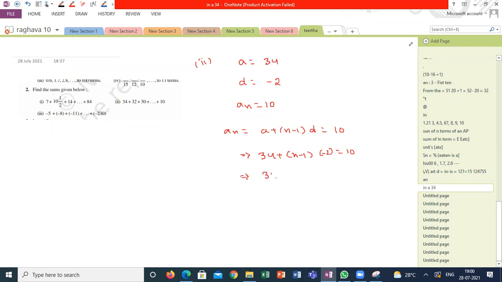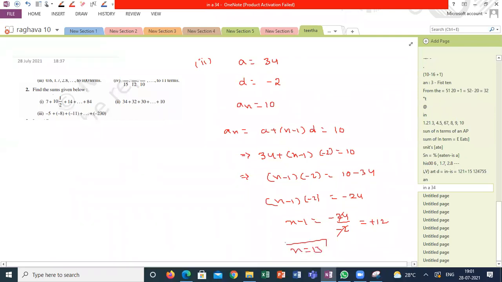So N minus 1 into minus 2 is equal to 10 minus 34, that is minus 24. So N minus 1 is equal to minus 24 by minus 2, this is plus 12. So N is equal to 13.